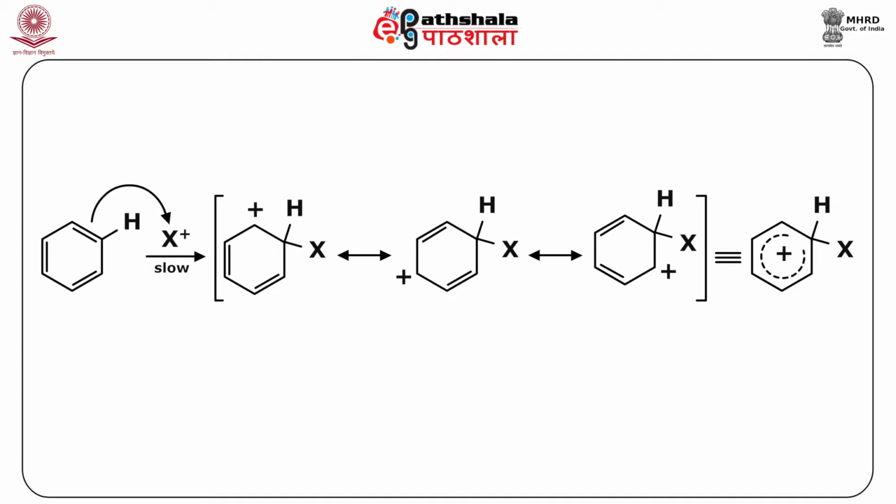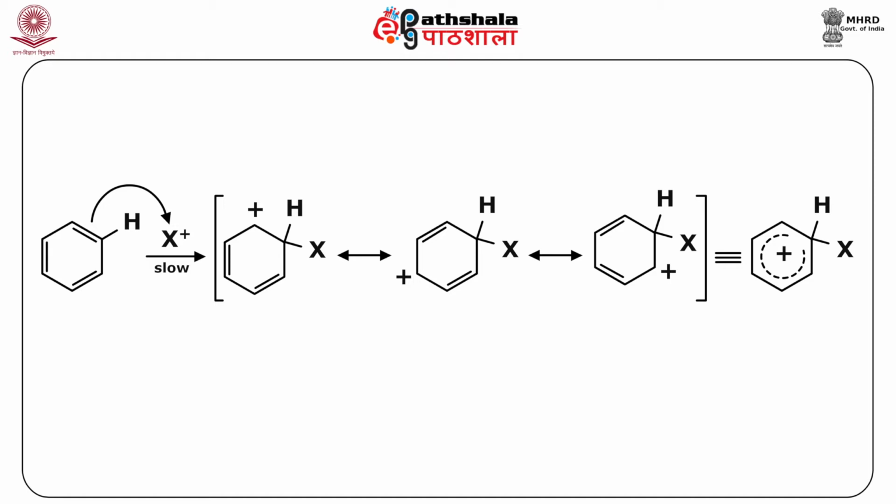Although the Wheland intermediate or sigma complex, which is now popularly known as Arenium ion, is stabilized by resonance with the charge dispersal all over the carbon atoms ortho or para to the site of attachment of the electrophile. This step is accompanied by the loss of aromaticity, so the energy of activation is very high in this case.